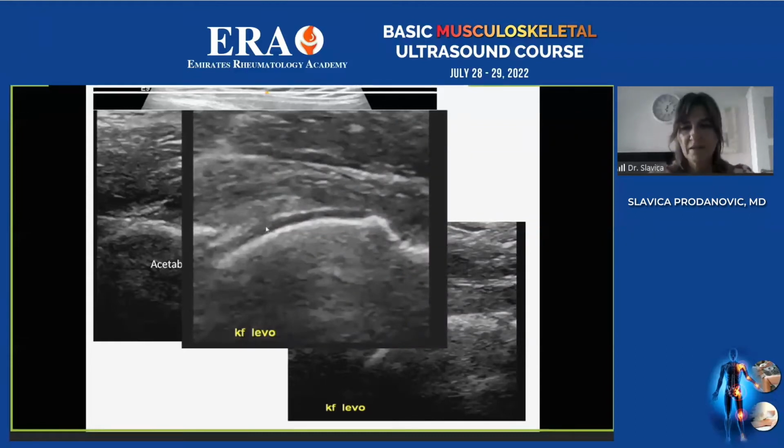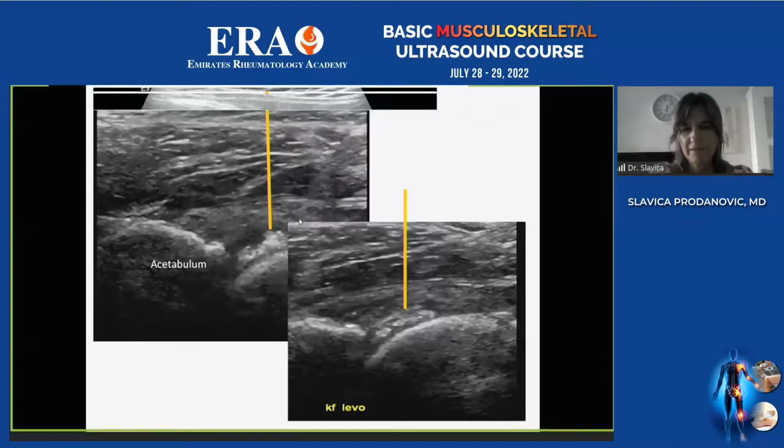If you expand this image, you will see this other hyperechoic line better. So on this image, in the same patient, we have two crystal diseases: chondrocalcinosis and gout. The ultrasound method is actually the most useful method for diagnosing crystal arthropathies. So you may find the signs of these crystal arthropathies even at the hip level.